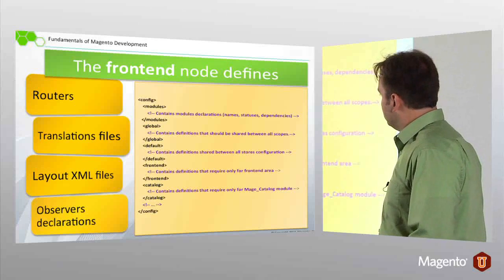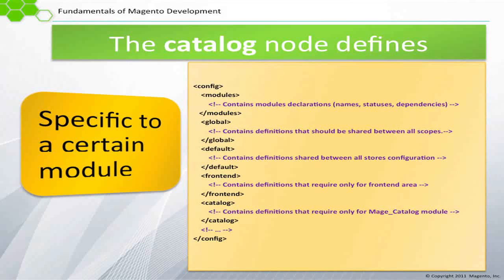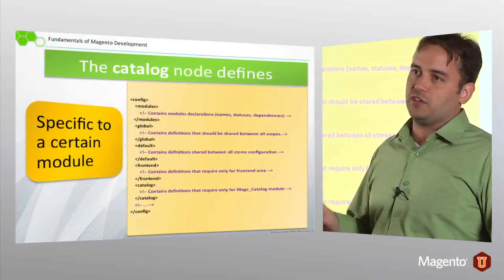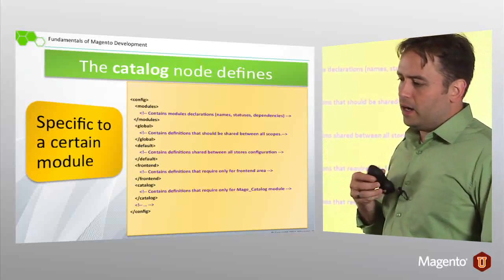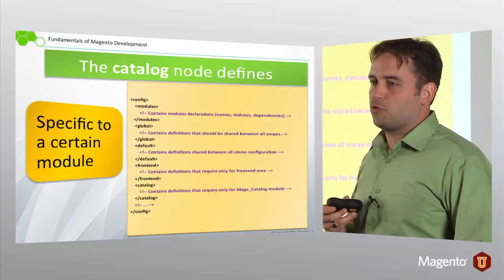So here or here. And then that takes us to something like catalog, which is basically a namespace node. Up to you. If you have your own module, you could put your module here and have some basic configuration there. That would be a great way to have some default configuration for your module. When you hand out your module, you can specify something here, and then you would have a class that just uses Magento's configuration parsing ability to retrieve those values.